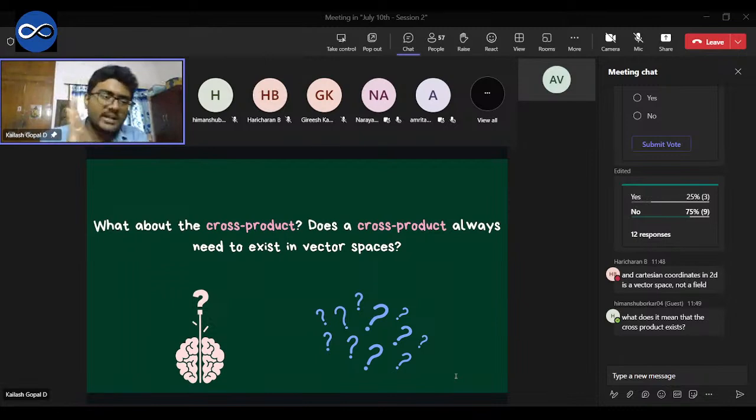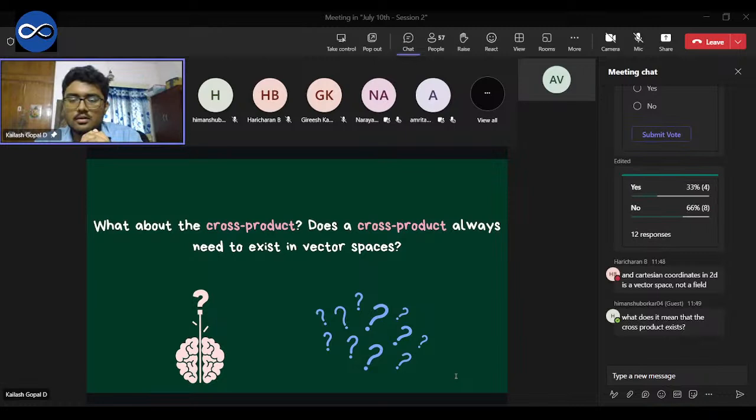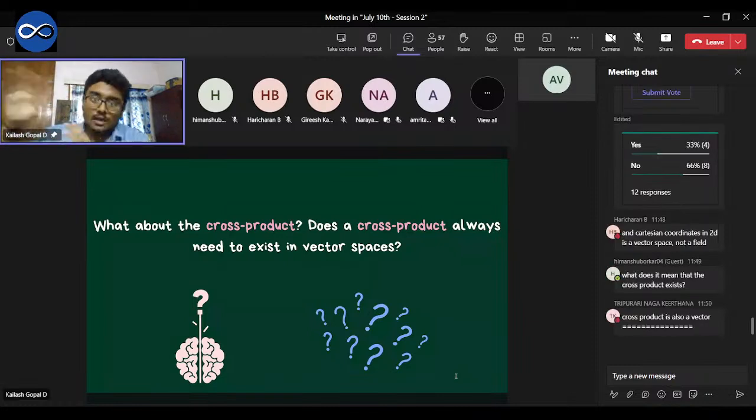Maybe I should make myself a little bit more clear. What do I mean by the cross product existing? I want to define a general operation for any vector space such that if I take it to the 3-dimensional Cartesian space, that general operation should give me the cross product operation. I want to generalize the cross product for any vector space.